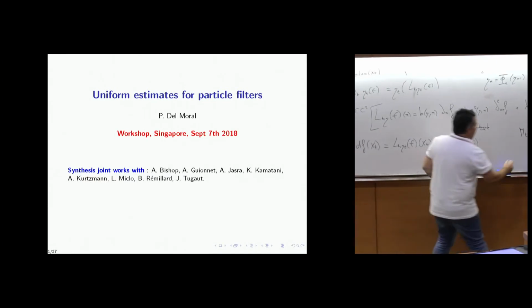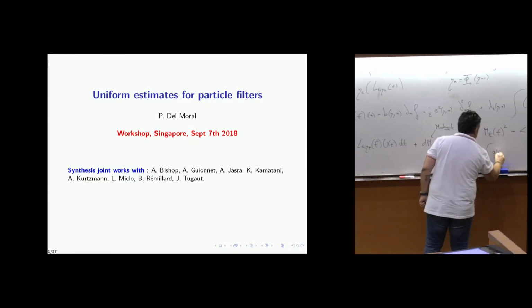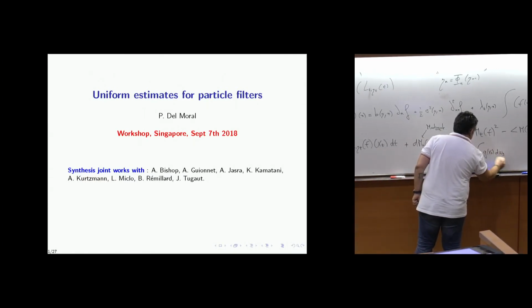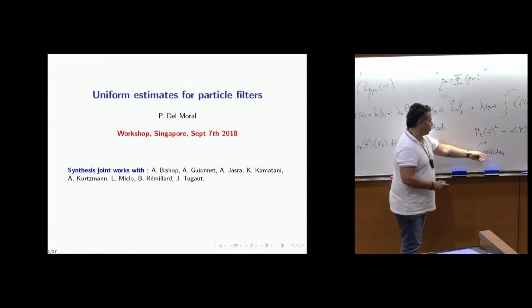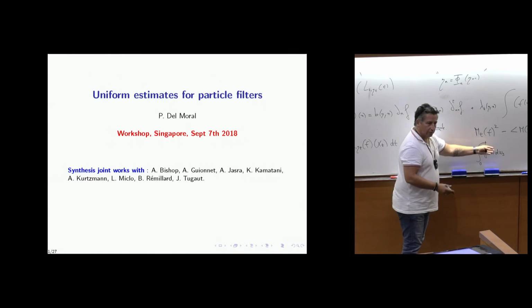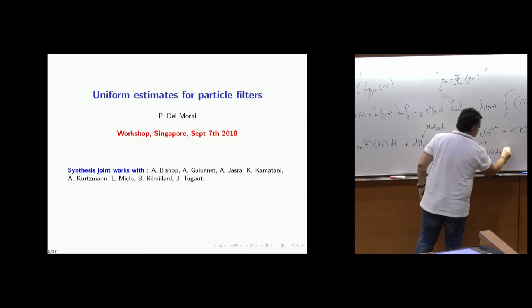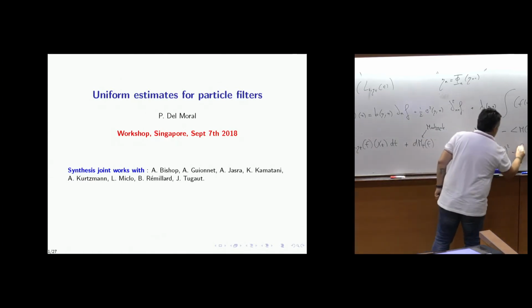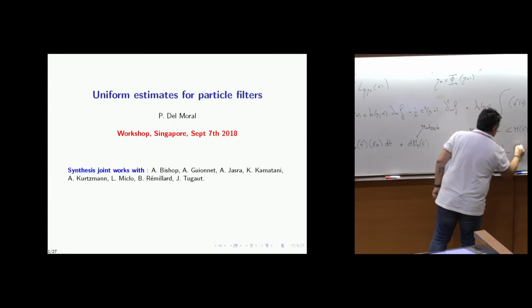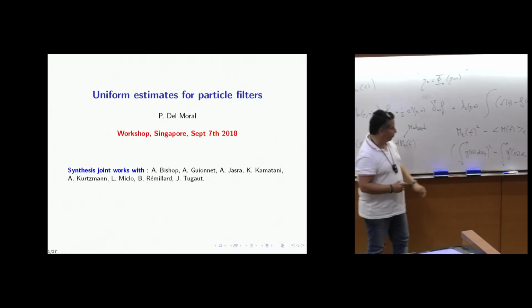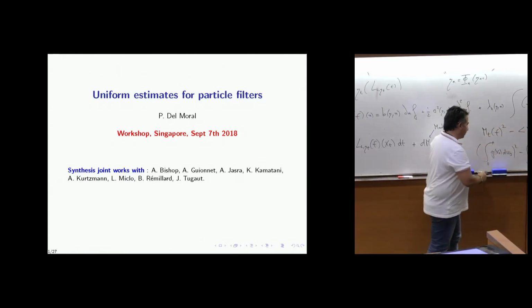An example: if you have the integral of g of X_s dW_s from 0 to t, this is a martingale for some diffusion. When you take the square, it's no longer a martingale, but if you subtract the integral of g squared, it's a martingale again. So the angle bracket will be related to that.